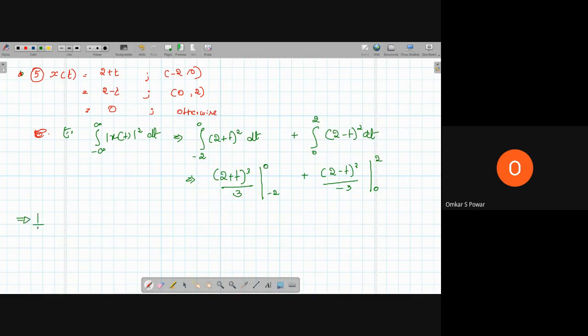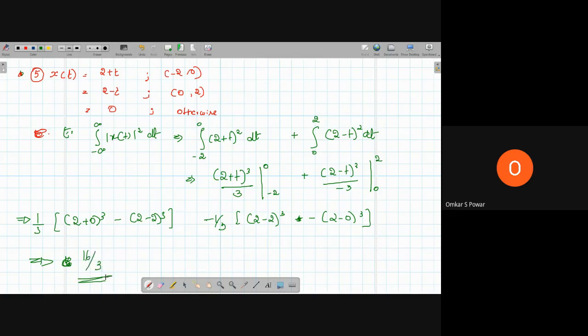This is easy. 1 by 3, then substitute 2 plus 0 the whole cube minus 2 minus 2 the whole cube, minus 1 by 3 again outside, you can take 2 minus 2 the whole cube minus 2 minus 0 the whole cube. So if you solve this, you'll end up with the answer as 16 by 3.